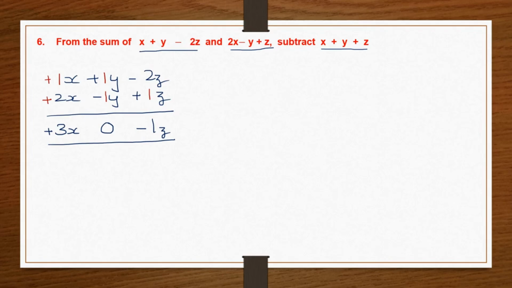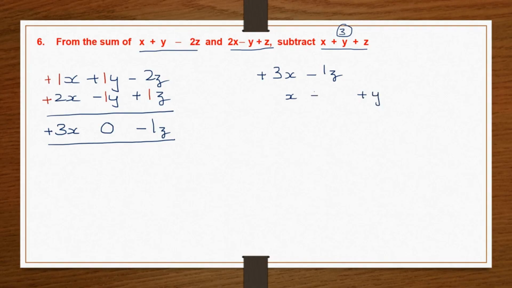From this, we have to subtract the third expression given. So let's write this down first: plus 3x and minus 1z. Now let's write down the other expression below this, the last one. This is the third expression. We will write that below this. So x plus y we don't have, we'll write it out.